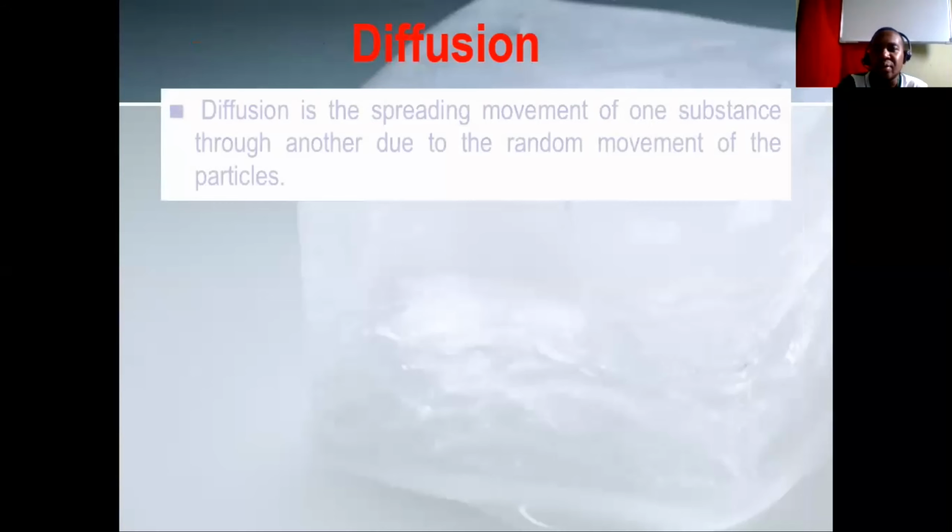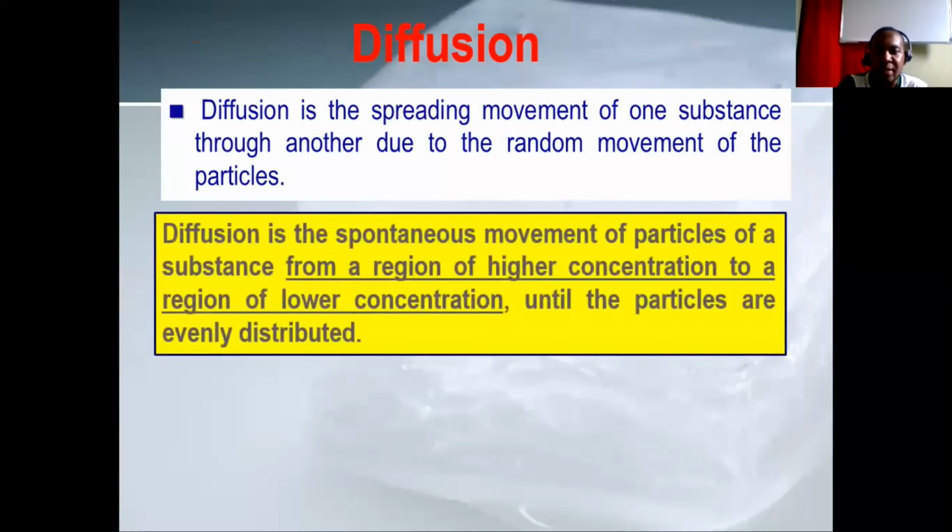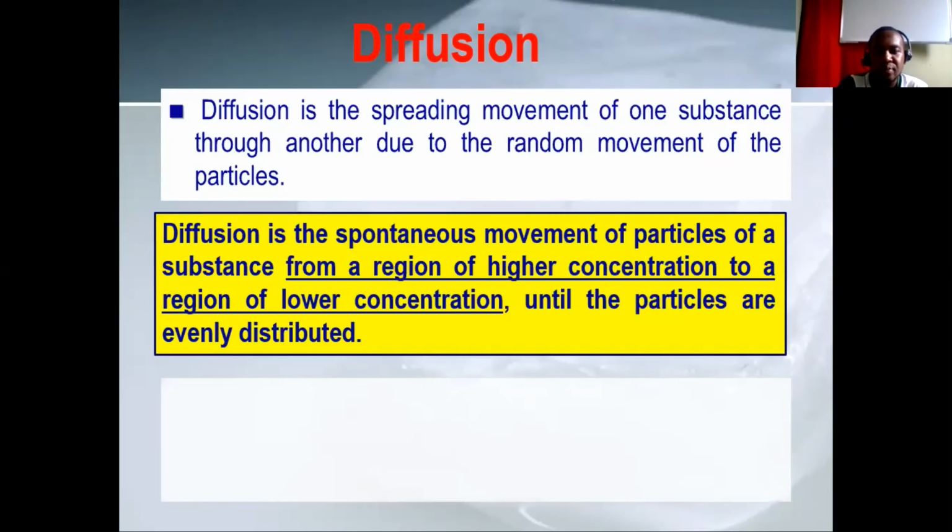So we look at diffusion. We know diffusion is the movement of particles from where it's high to where it's low. And we know examples of diffusion, right? Can we get some examples of diffusion? Anyone?